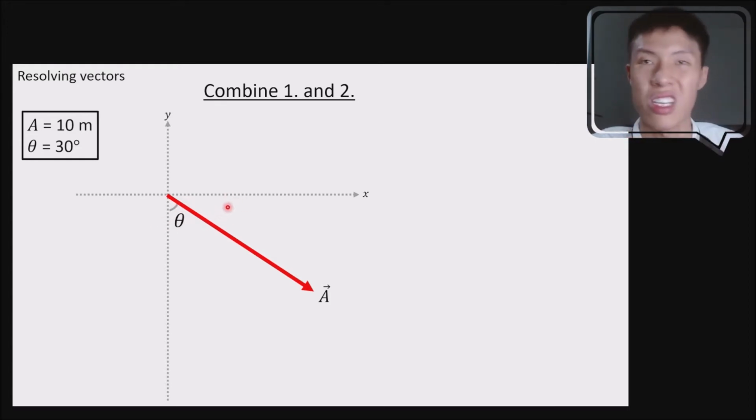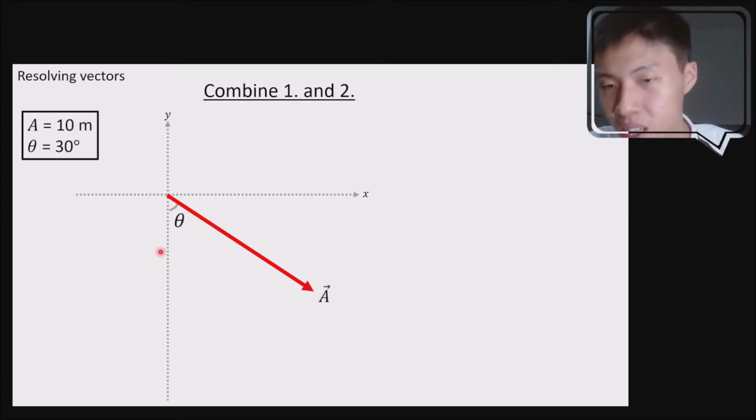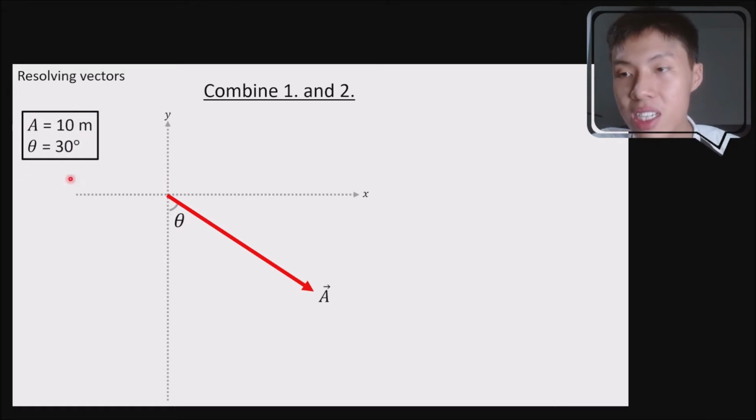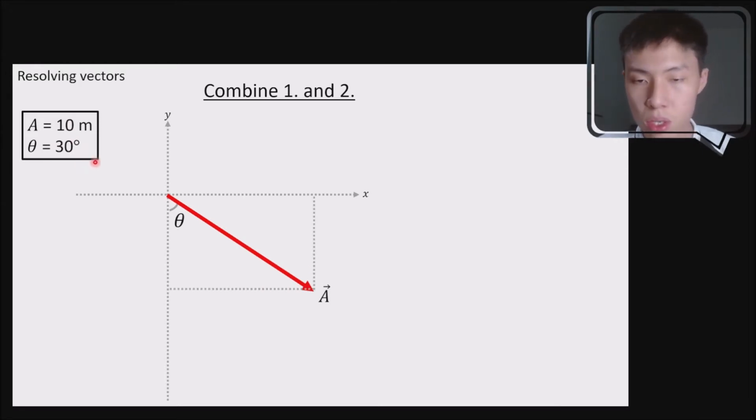In any situation, it can be measured with respect to the y-axis or the x-axis. But now this is the information that they give. This vector A has a magnitude of 10 meter, and this angle here is 30 degree.